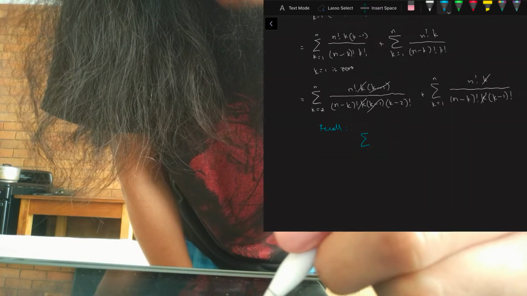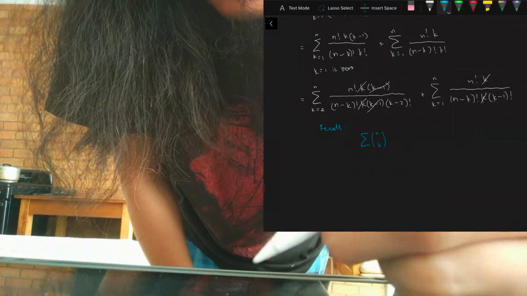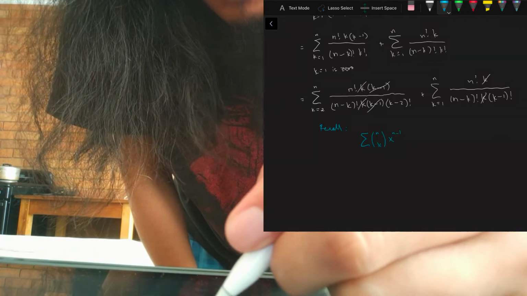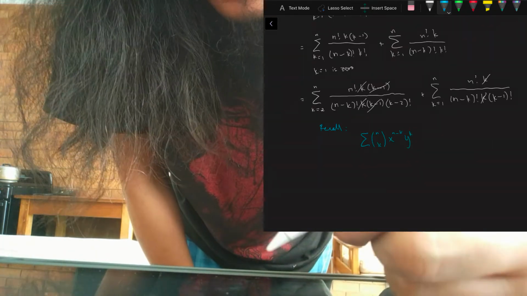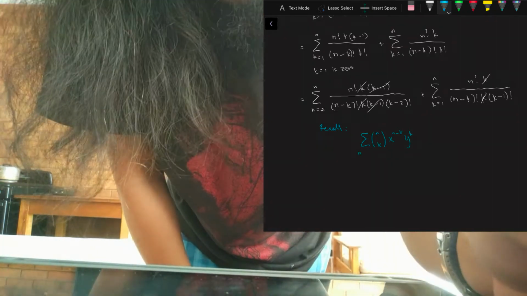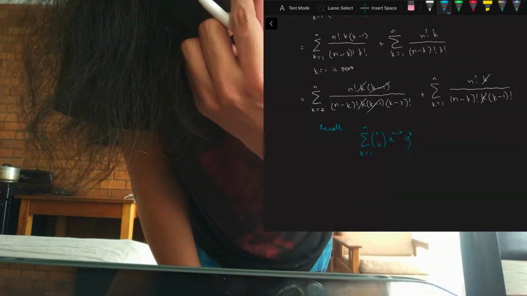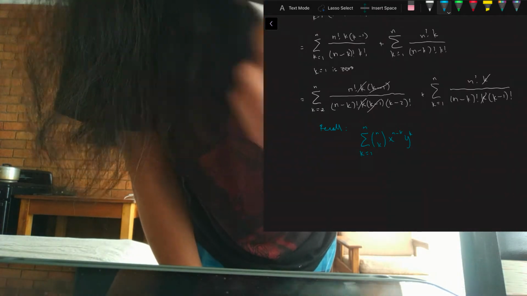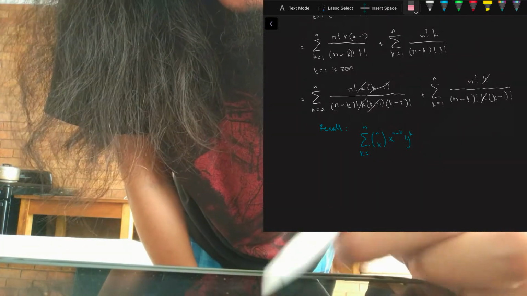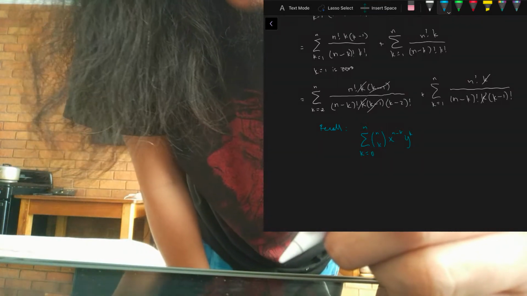So recall that the binomial theorem says that the summation of n choose k of x to the n minus k y to the k from k equals 1 to n, or is it equals 0? It starts at 0. Yeah, it starts at 0 because the highest power is x to the n. Okay, so it should start at 0.